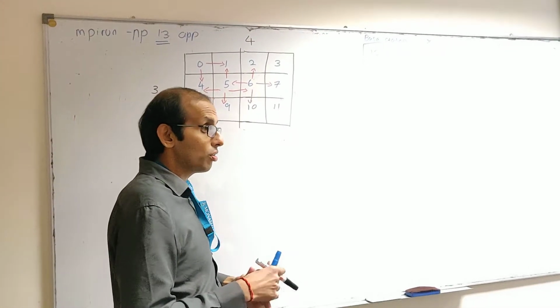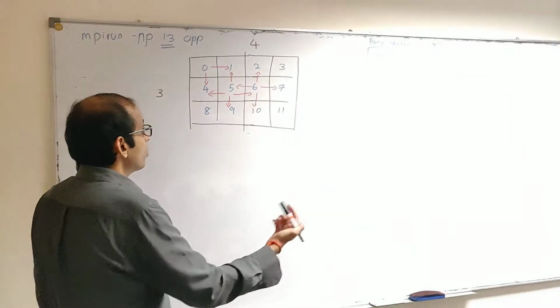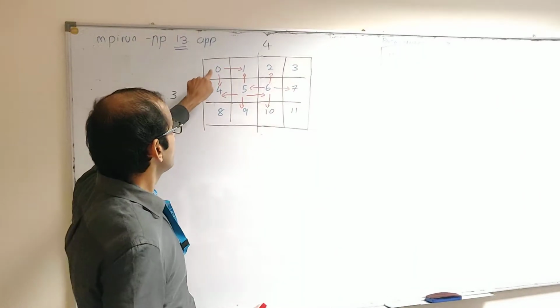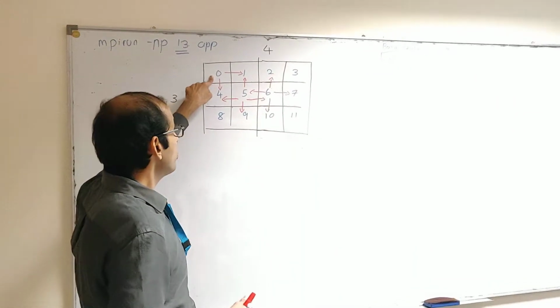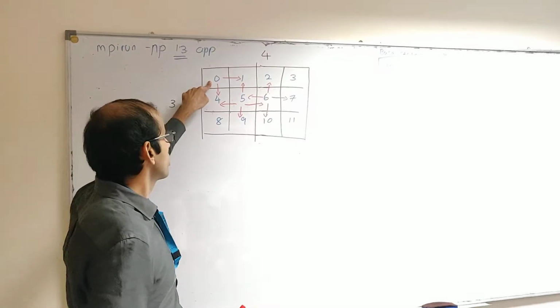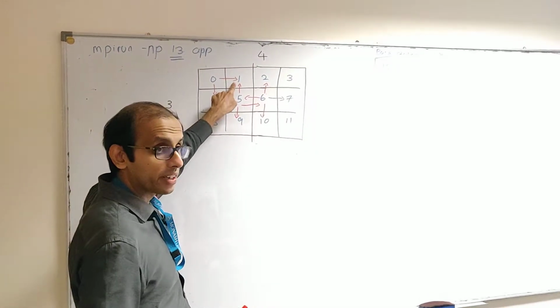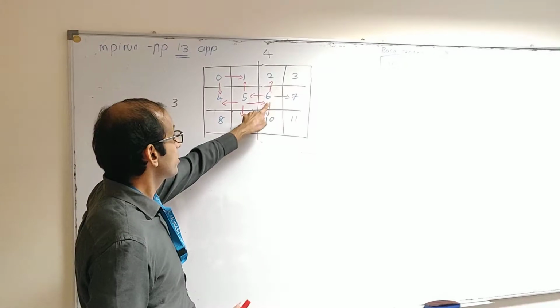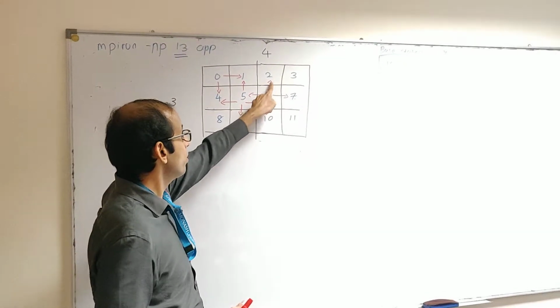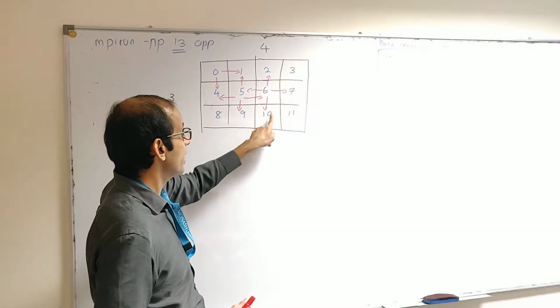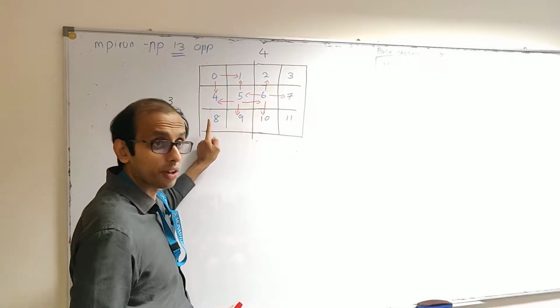For example, node 0: who are node 0's adjacent nodes? 4 and 1. For node 6, the adjacent nodes are 2, 5, 7 and 10, and so forth.